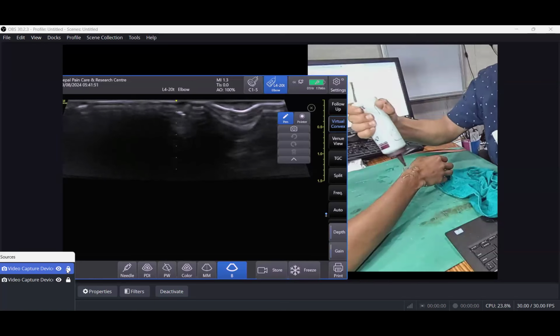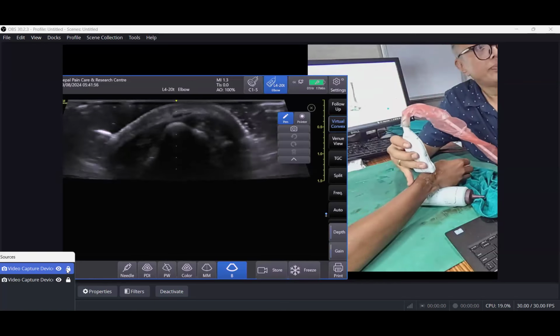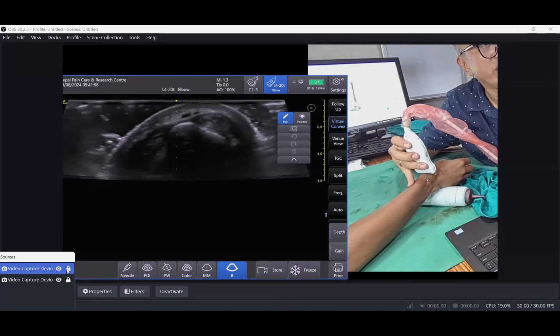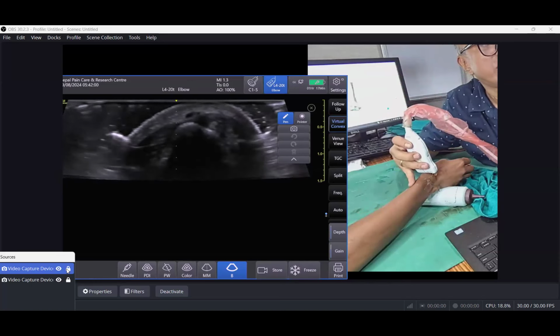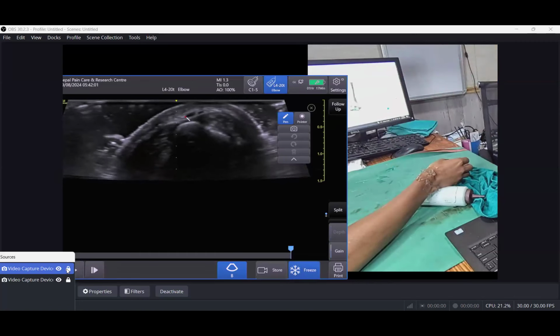Yes, sir. So in the center of the screen, you can see 2 black spots here. This one is the cephalic vein, and this one is the superficial radial nerve. The smaller one is the superficial radial nerve, and the big one is the vein.